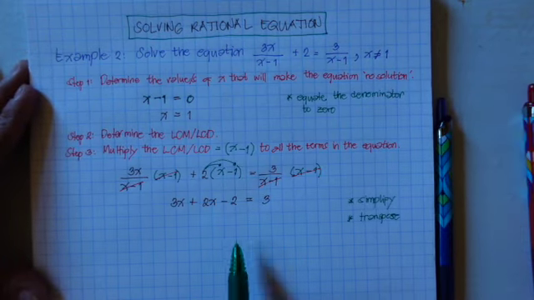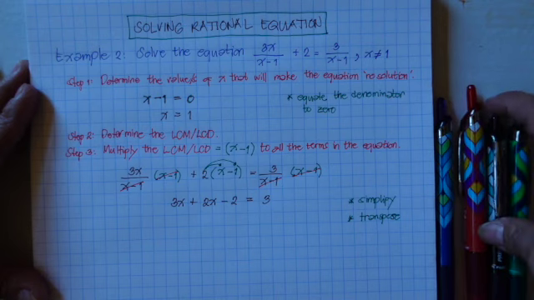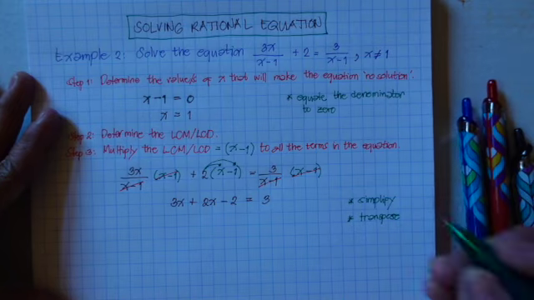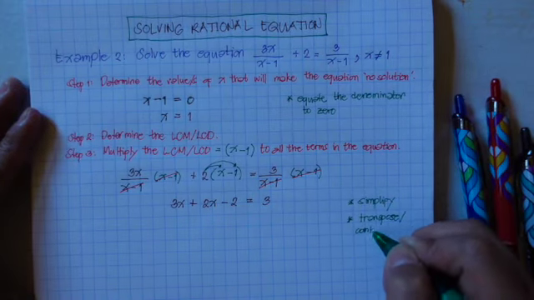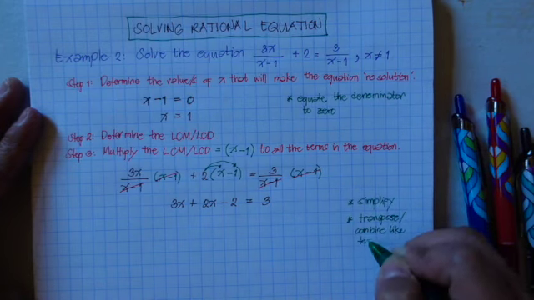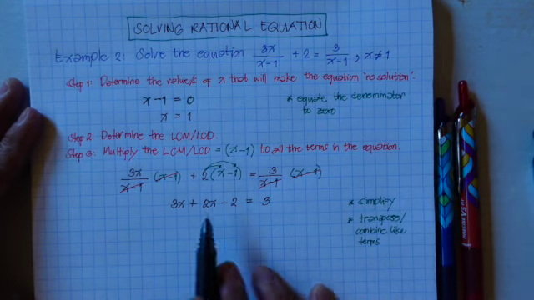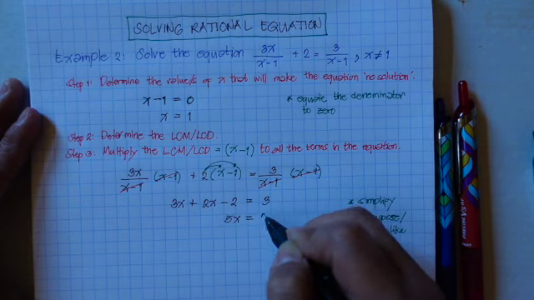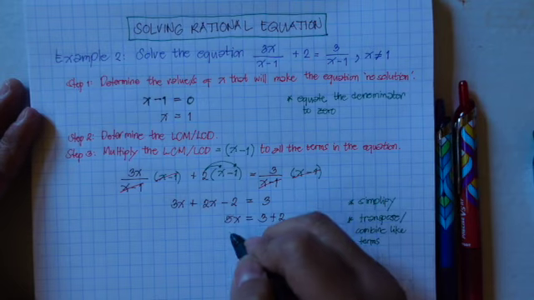As we can see, there's a constant on the left side of the equation, so we need to transpose that. At the same time, we can also combine terms simultaneously. So 3x and 2x will give us 5x, which is equal to 3. Then transposing 2, we have plus 2.